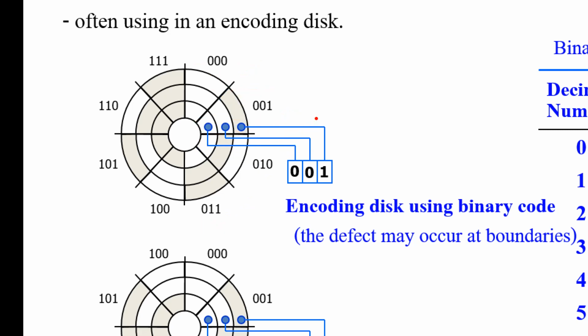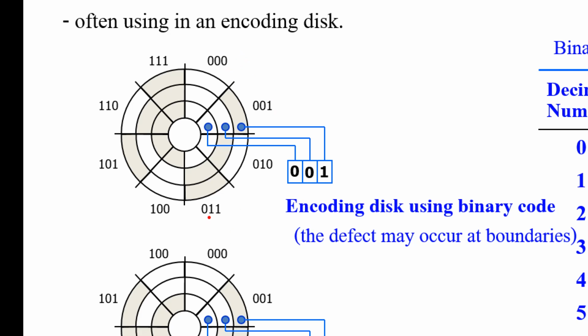But why is this one okay but this one not okay? If you observe this area and this area, the value that represents this area and the value that represents this area differ by only 1 bit, only 1 bit difference.